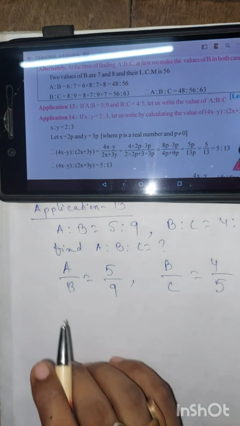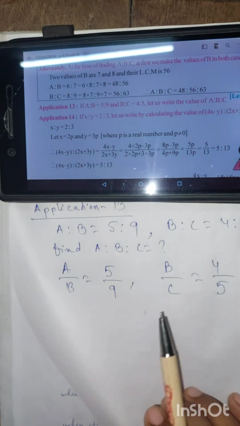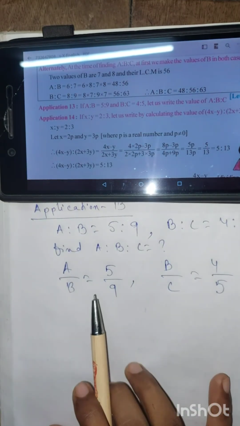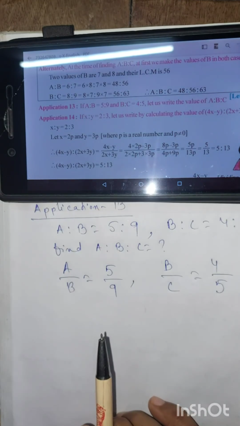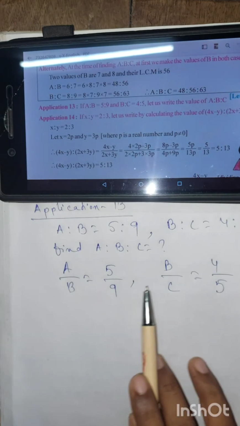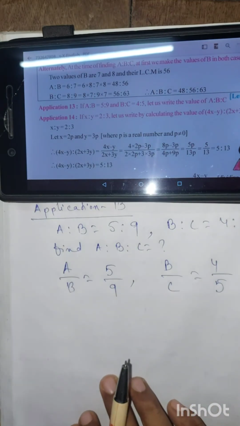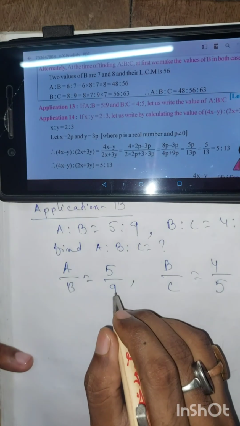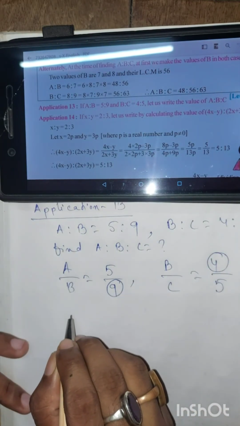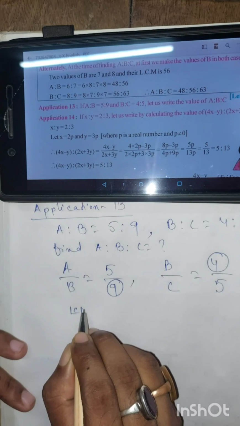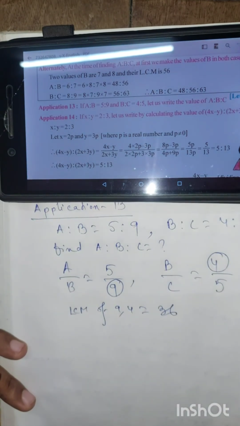Now first we need to balance the common part. So B is common to both of them. That is why we need to find out the LCM of 9 and 4, which is 36.